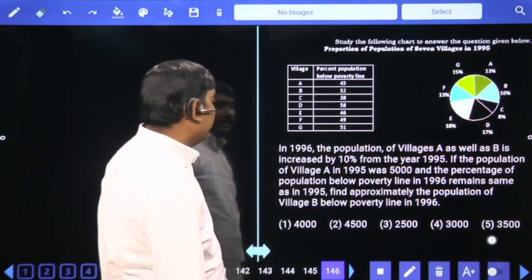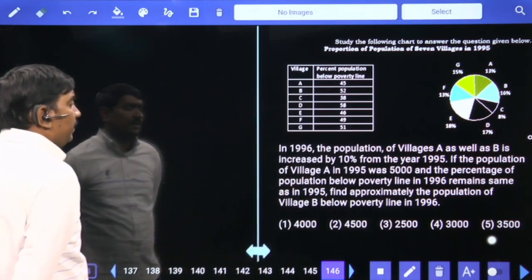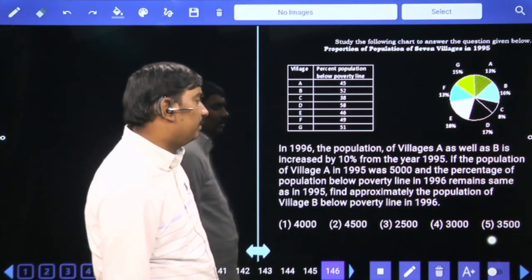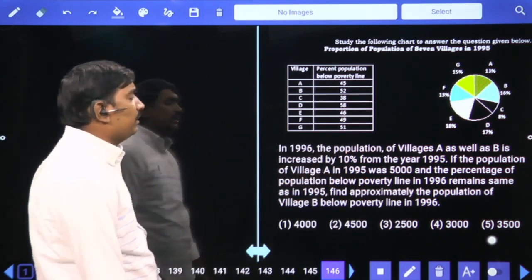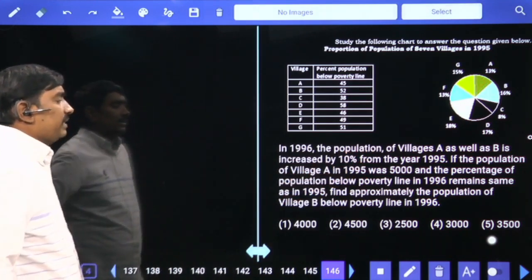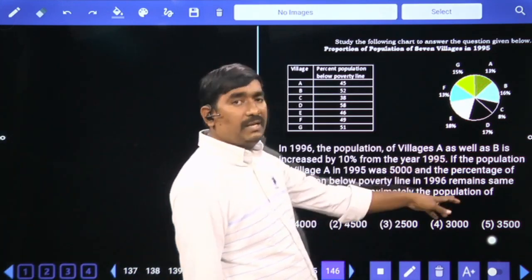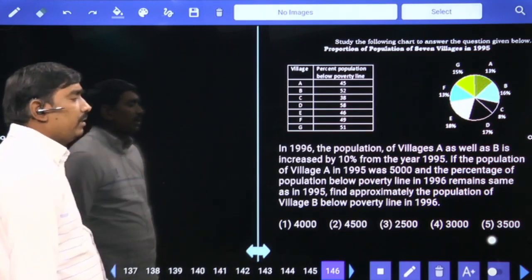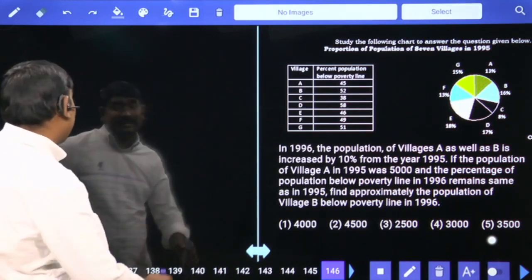Question: in 1996, the population of village A as well as B is increased by 10% from the year 1995. If the population of village A in 1995 was 5,000 and the percentage population below poverty line in 1996 remains the same as in 1995, find approximately the population of village B below poverty line in 1996.